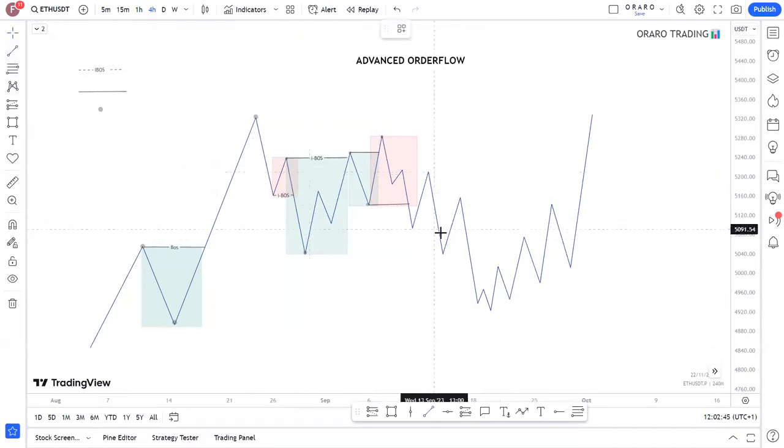So let's look at structure again. In structure, we now have this new break. Then where is our new internal high? It is this one.